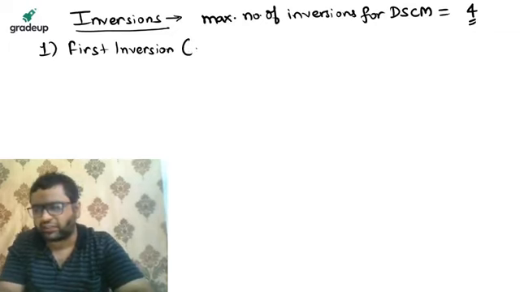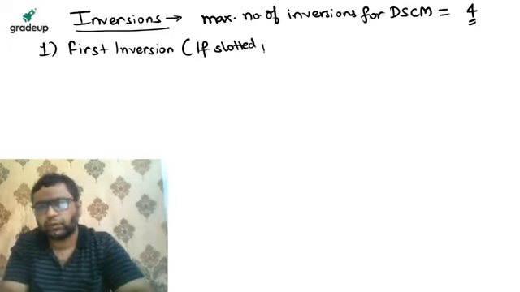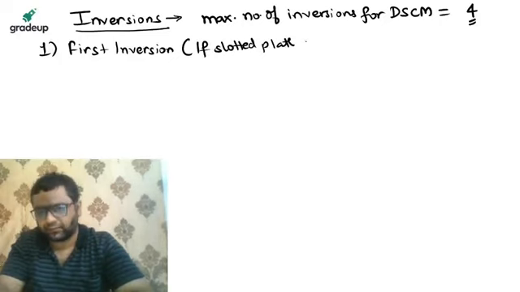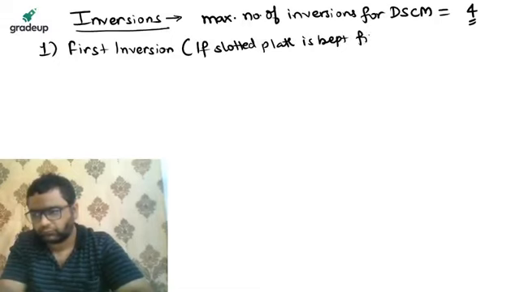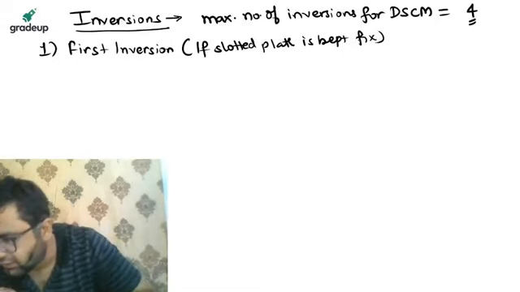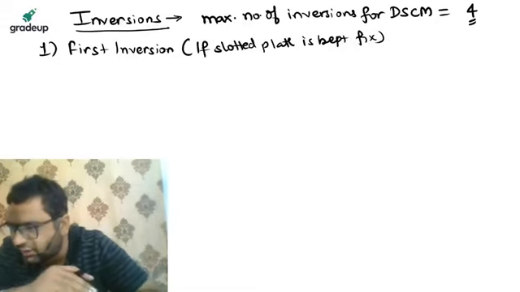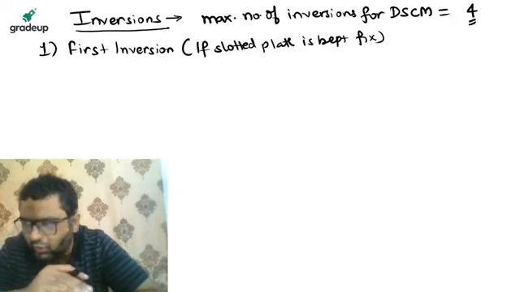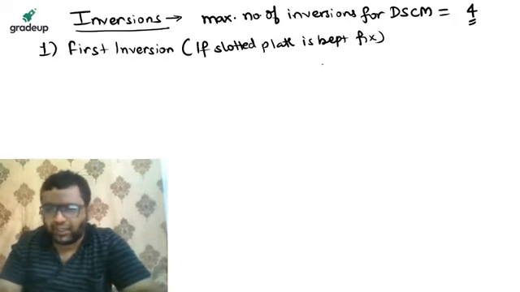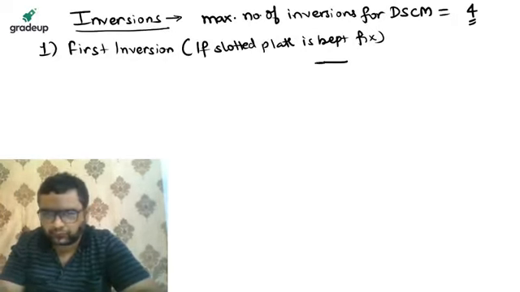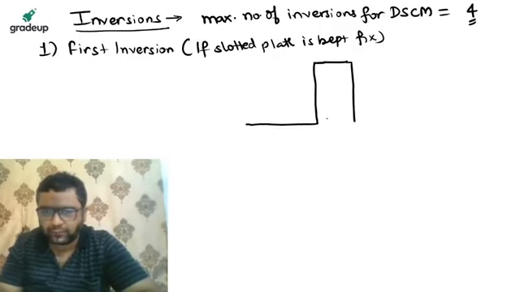We are going to fix one link. If the slotted plate is kept fixed, what are we going to have? I am going to show you that.